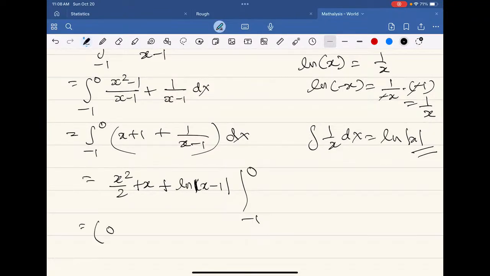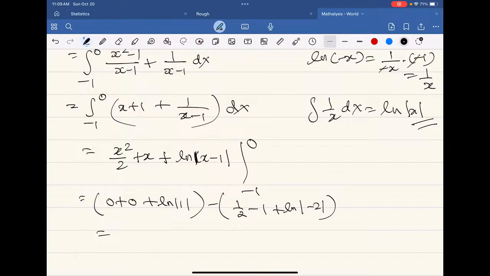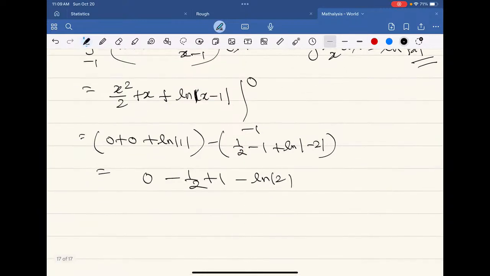At 0, this is 0 plus ln of 1. At minus 1, it is minus 1 by 2 minus 1 plus ln of modulus of minus 2. And this will be 0 minus half plus 1 minus ln of 2, and that will be half minus ln of 2.